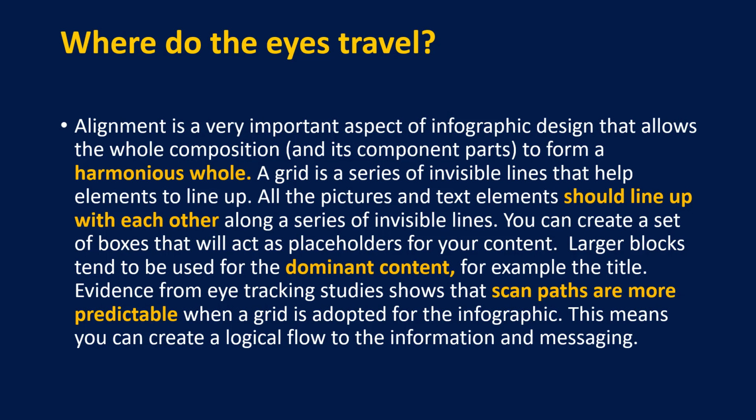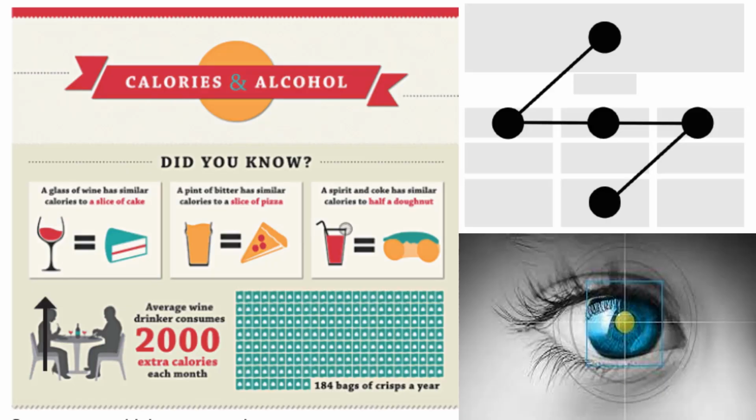Scan patterns of the eye are much, much more predictable when a grid is adopted on the infographic, and therefore the information comes across far better, and what you're trying to sell, whether it's a product or, in this case, science, is taken up far more easily and readily by the participants than it would be if we don't adopt a natural grid. So there becomes a logical flow of information, and therefore a logical flow of the messaging that you want to get across.